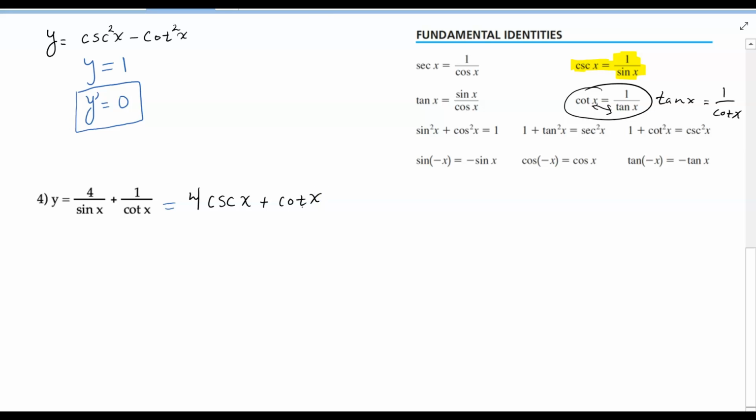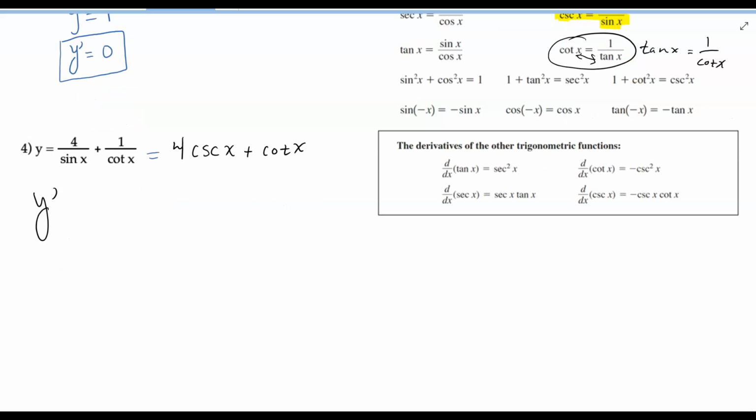Now to take the derivative, it's actually really simple. And let me go ahead and bring those rules back into place for you. So here are the rules. The derivative of cosecant is negative cosecant cotangent.